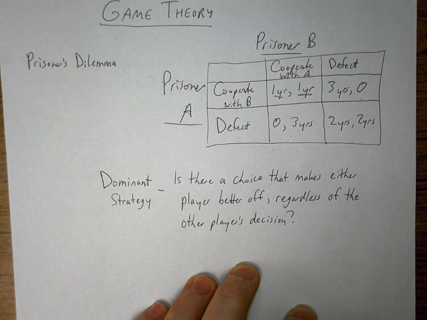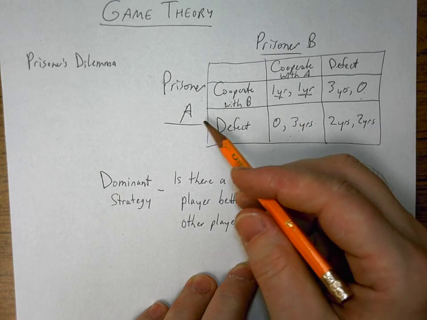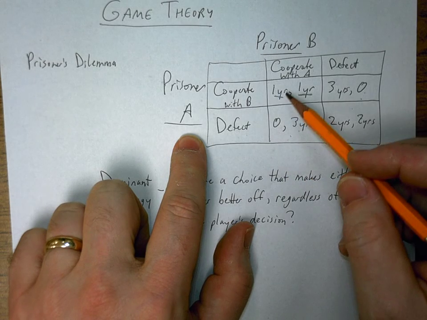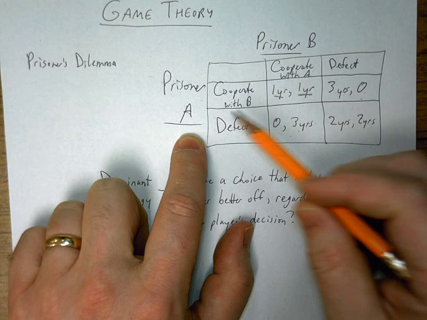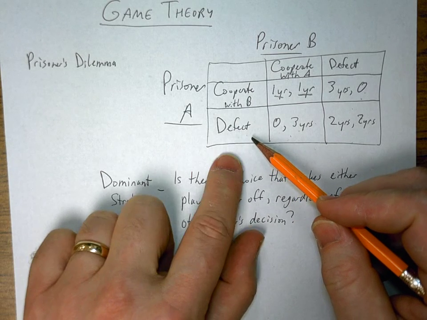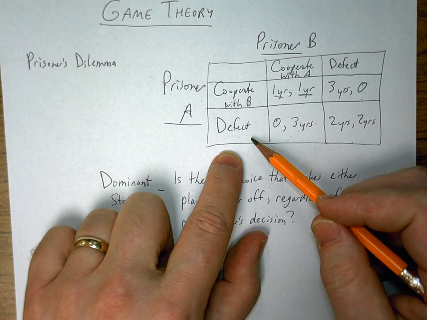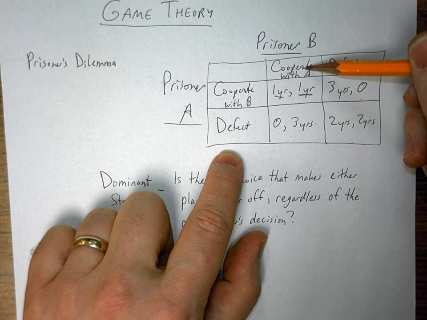However, is that in the best interest of each prisoner? Well, look at prisoner A. If they both keep their mouths shut, he's going to have to go to prison for a year. But what if he told on the other guy and cooperated with the state? He defected, and prisoner B kept their end of the bargain.